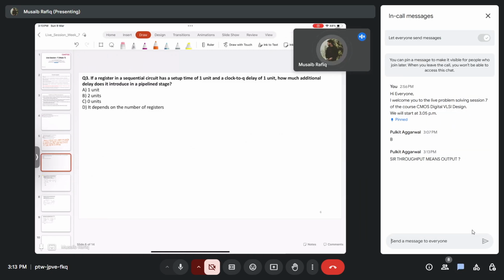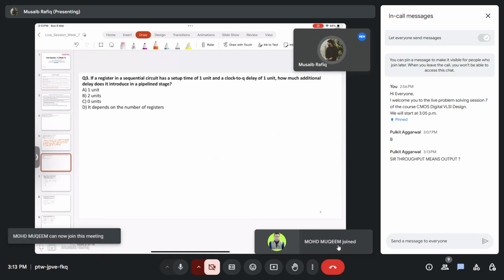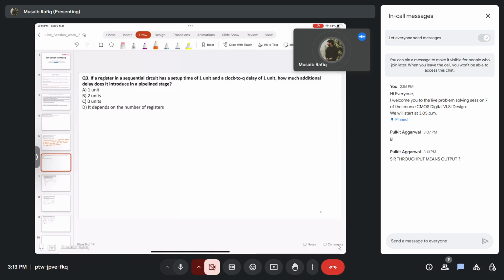Not exactly output, but the rate at which the output is processed. If you go by the conventional definition, the throughput of a digital system is the rate at which it computes outputs from new inputs.